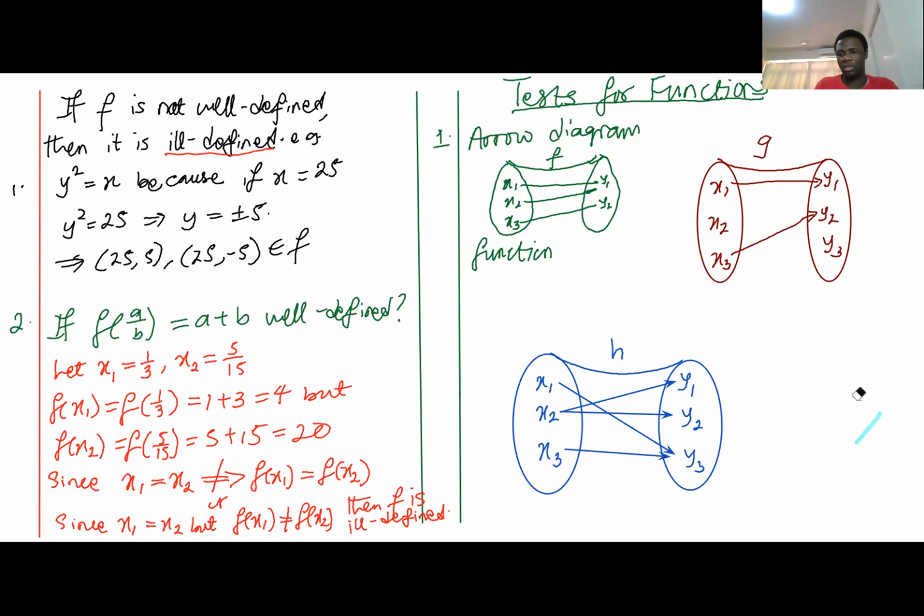Is this relation a function? Why? X2 has two y values, two different y values. Yes. X cannot be paired with different y.